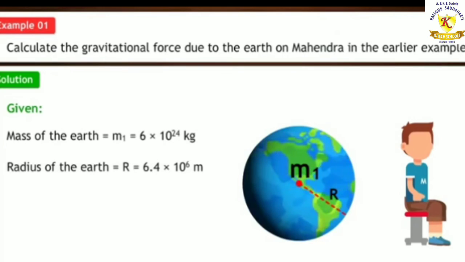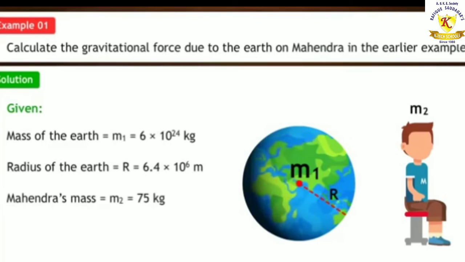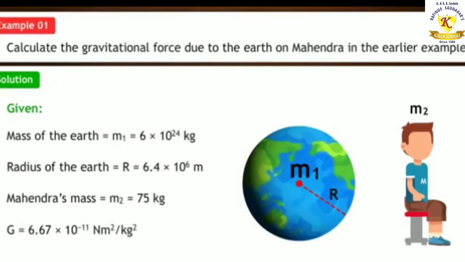Radius of the earth, that is r, is 6.4 into 10 raised to 6 meter. Mahendra's mass, that is m2, is 75 kg. G is equal to 6.67 into 10 raised to minus 11 Nm square per kg square.